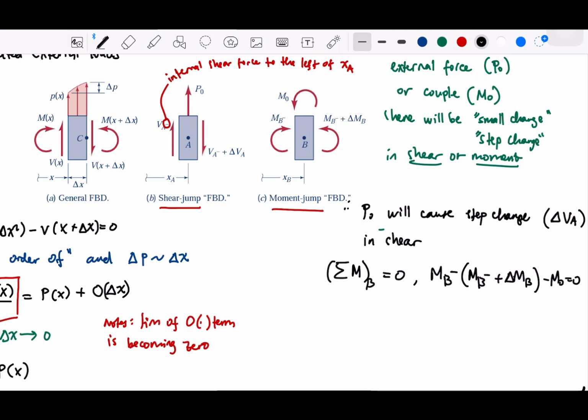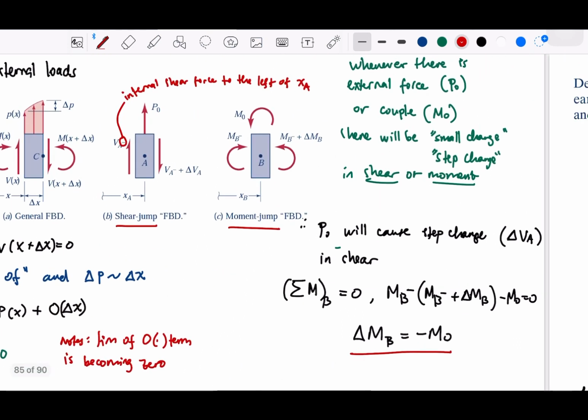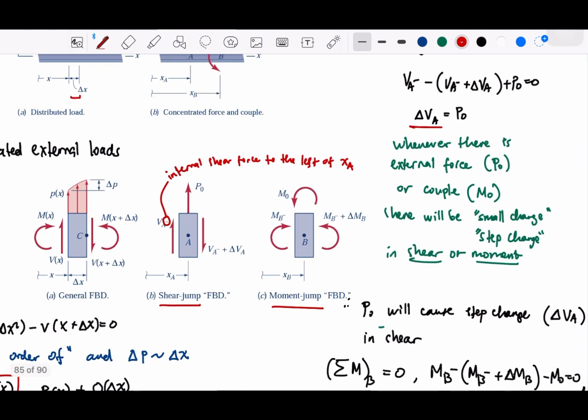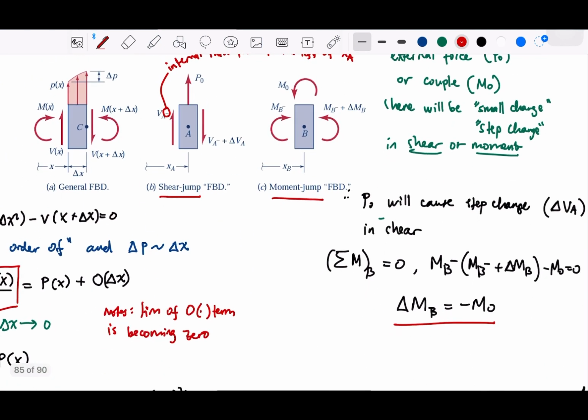So because of the M0, we will have the small step change. So again, this is a step change.